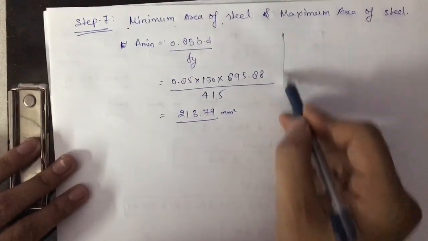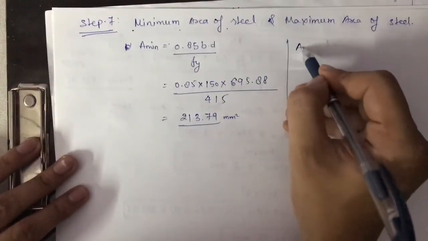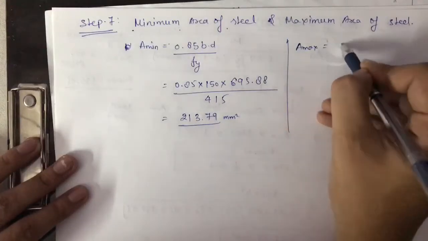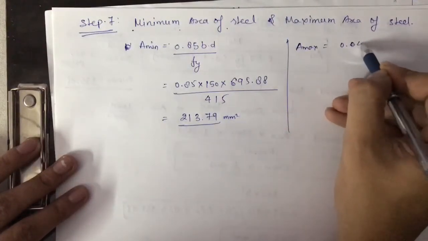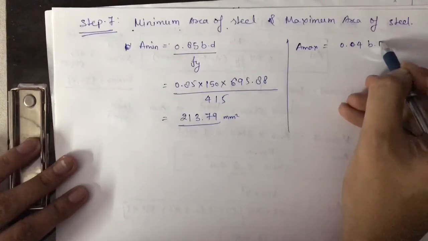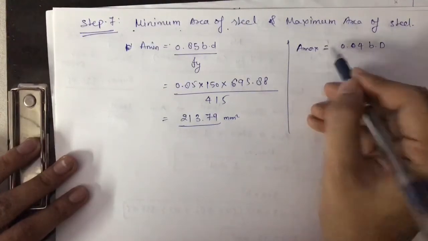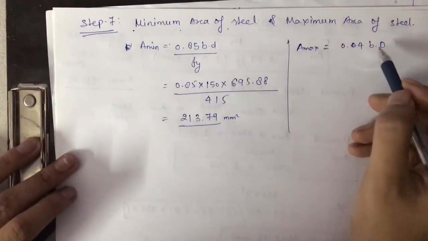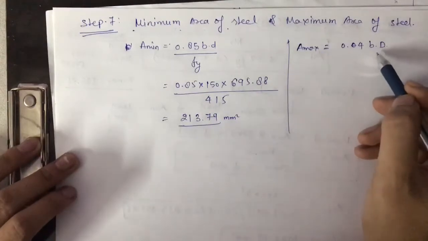And A max is equal to 0.04 b into overall depth. So here we have to take the overall depth of the beam.